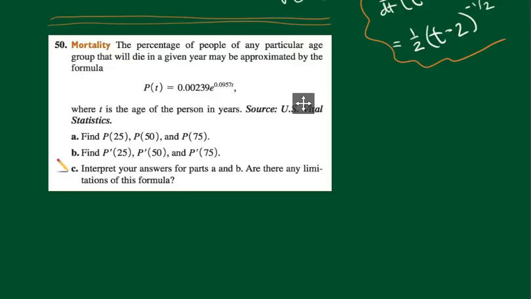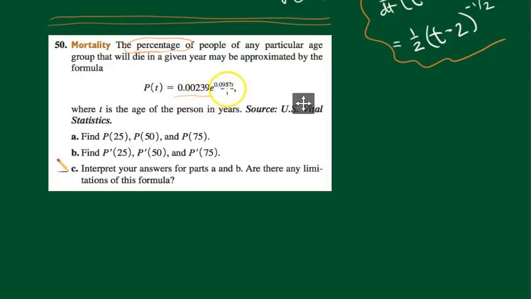So, reading the problem, we see that we have here a percentage. Let's see. This is a percentage of people of a, you name it, age, who will die in any year.